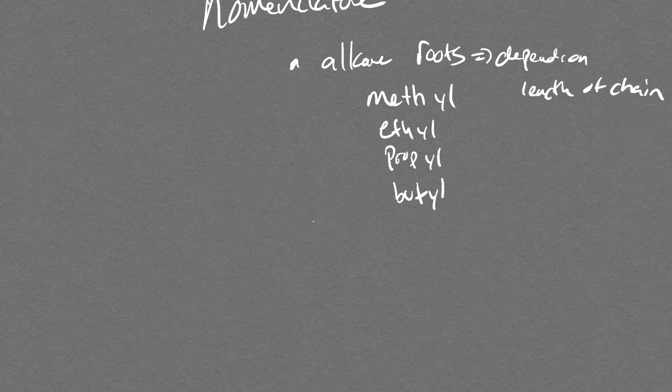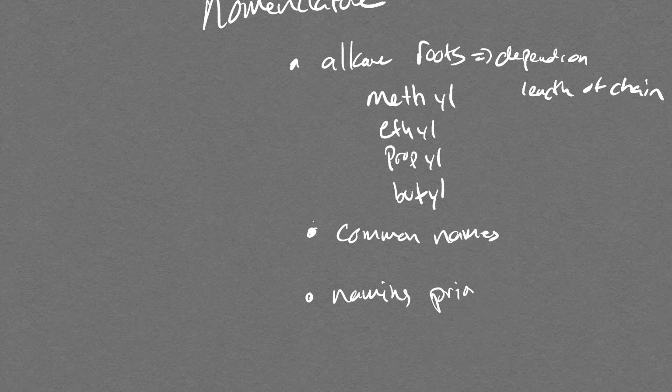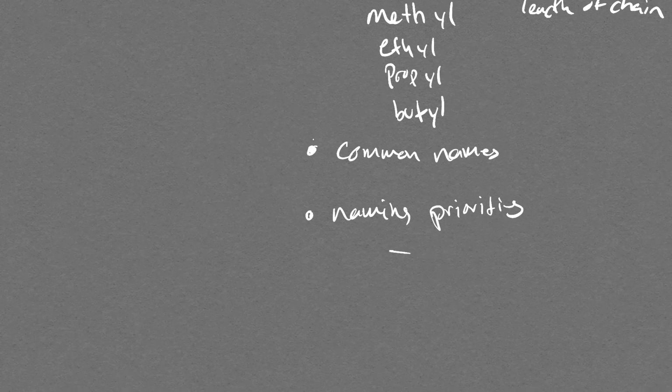All right, and so you learned about some substitution patterns and common names. The common names are what we're going to also emphasize here in this course, and naming priorities. That includes naming priorities as in alphabetical, you've got to keep them straight.